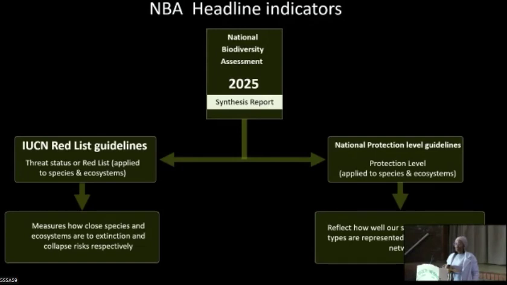Just to cycle back, the first list of ecosystems that are threatened and in need of protection was first published in 2012, if I'm not mistaken. And this list was generated using the nationally developed set of criteria.